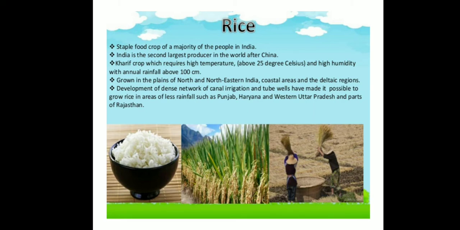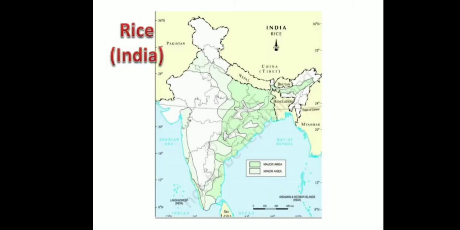Here what they are saying is that modern technology of irrigation by means of canals has helped the farmers in states like Punjab and Haryana and some part of Uttar Pradesh to grow this crop. After that, we have this map which shows the major areas of rice where the farmers grow it.